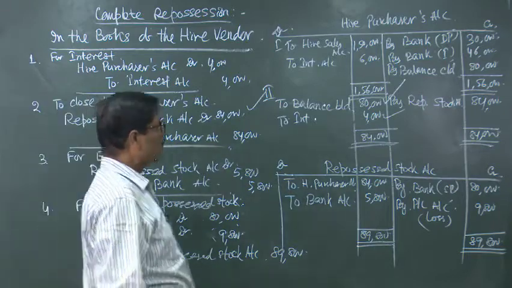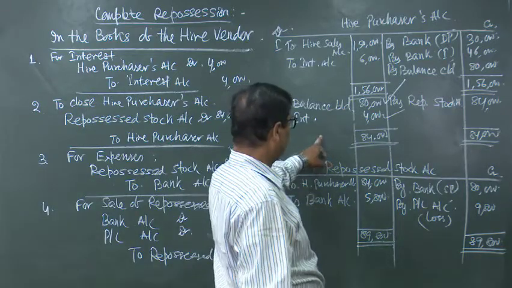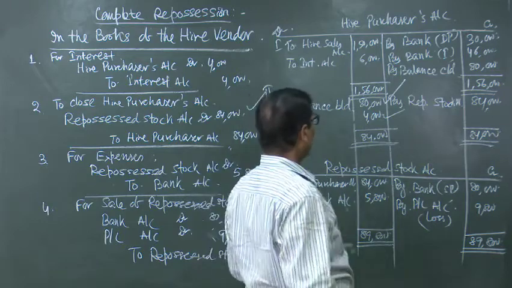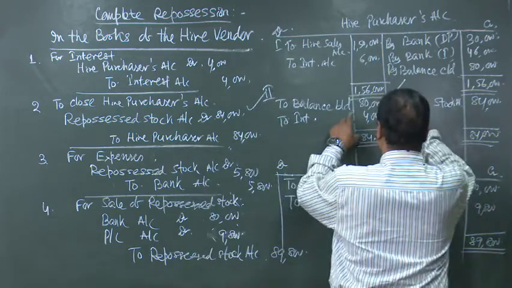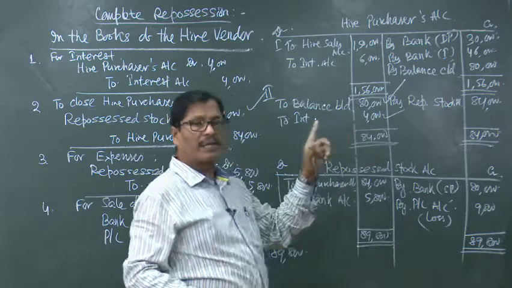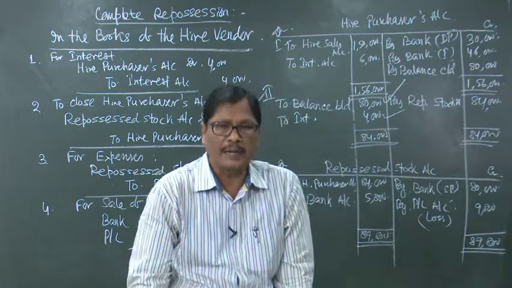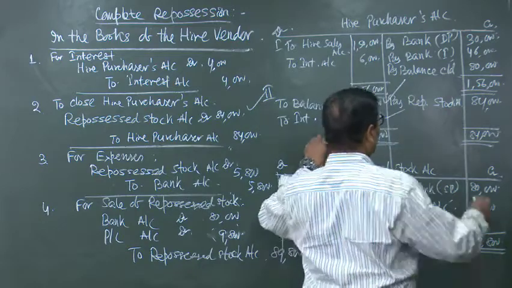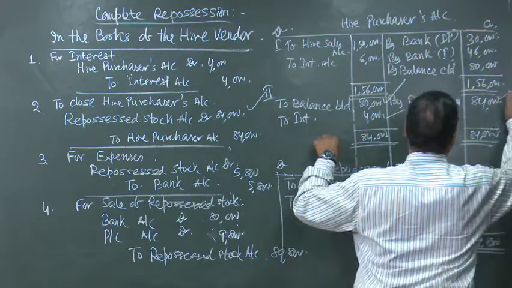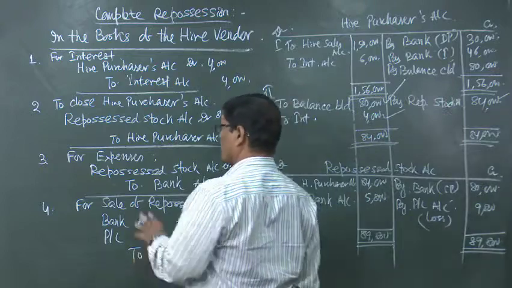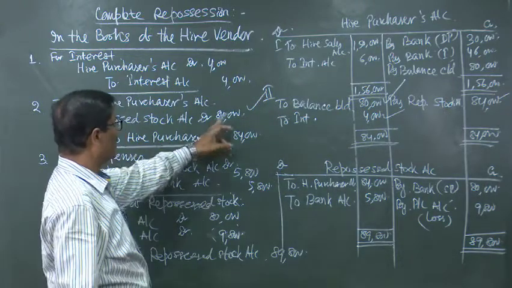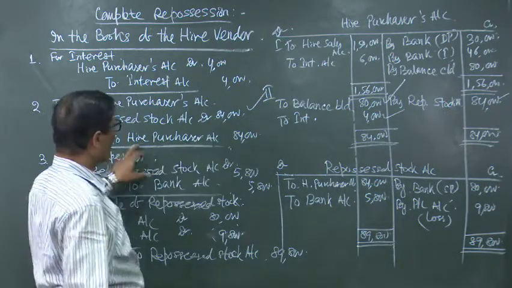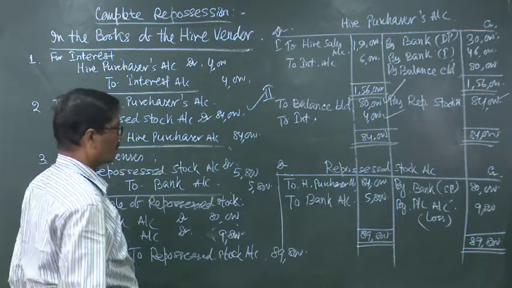Now, hire purchaser account should be closed first, not the repossessed stock account. So, hire purchaser account is standing at a debit balance of 84,000. Until and unless we credit him with 84,000, we are not going to close his account. So, his account is closed by repossessed stock account. So, the entry is repossessed stock account debited 84,000 to hire purchaser account 84,000.